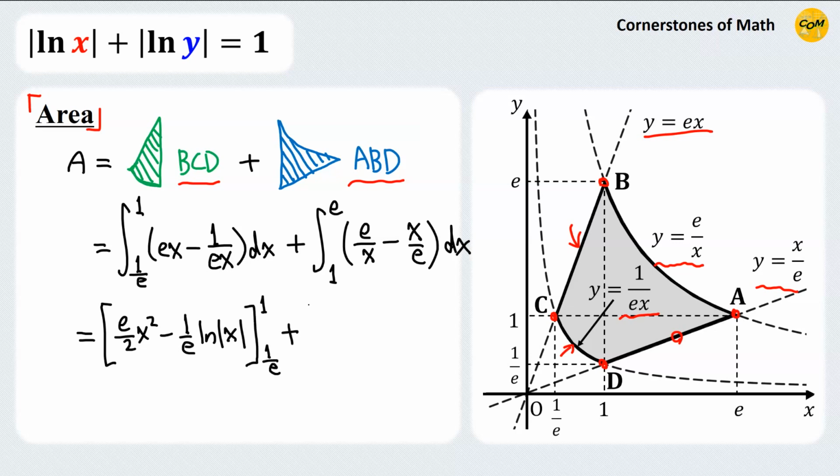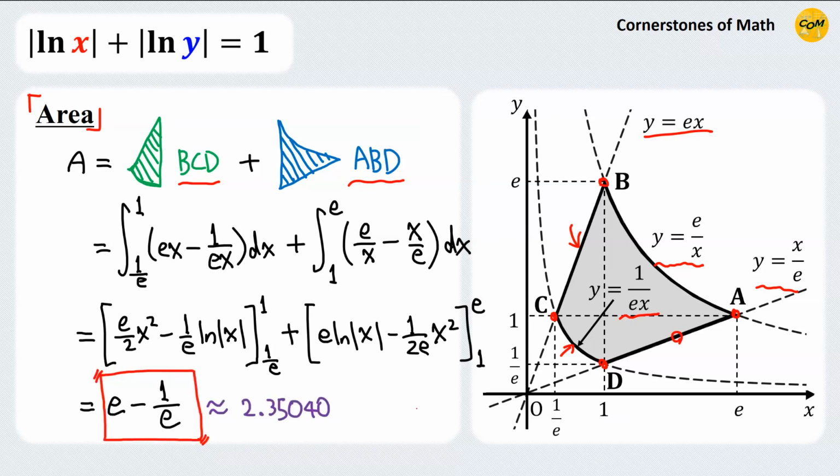And for the second one, we have e ln absolute x minus 1 over 2e x squared. And if you calculate this, you will obtain e minus 1 over e. And this is the area of the shaded region in the figure.